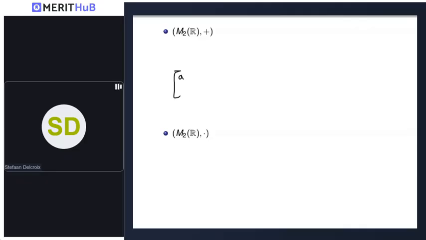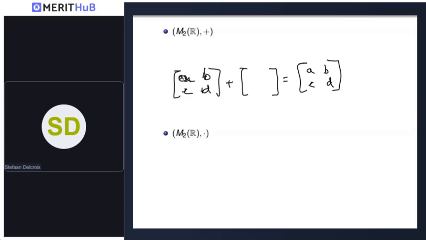So I'm looking for a matrix, and if I add something to it, I just get itself. What should I be adding? If I add 1, 0, 0, 1, that's not going to work. So what should I write here?